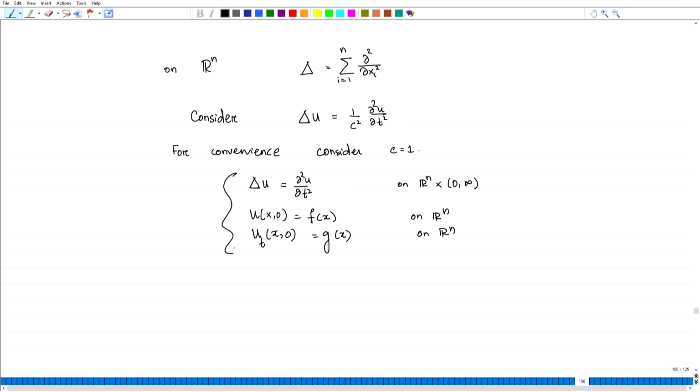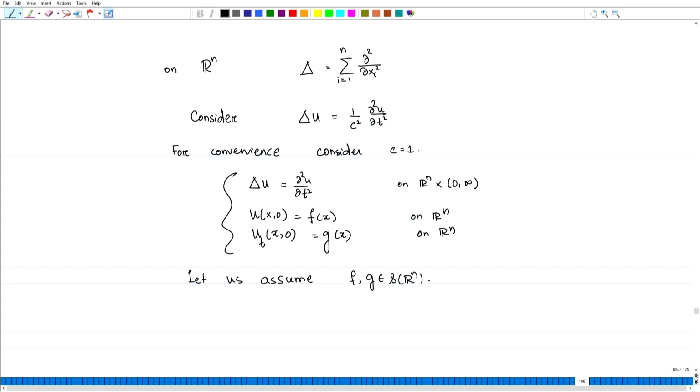And for our suitable use of Fourier analysis, let us assume both f and g to be in Schwartz space. It is an ideal situation. I mean, we are assuming this to convince ourselves how to solve this equation.